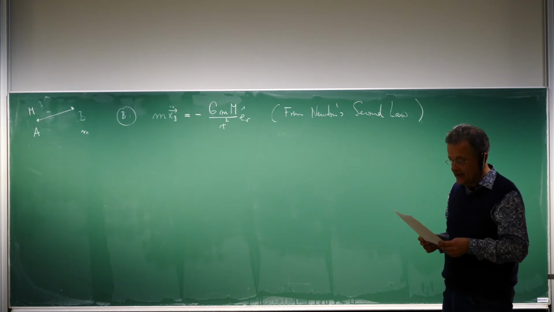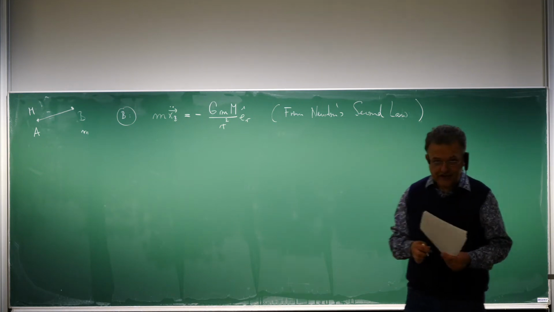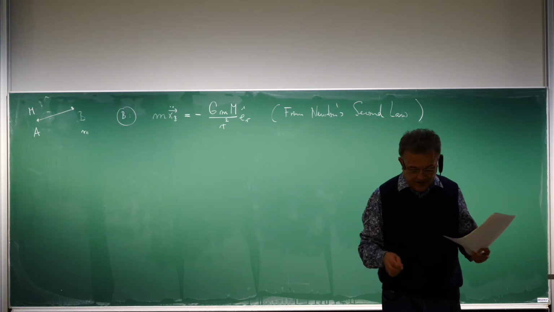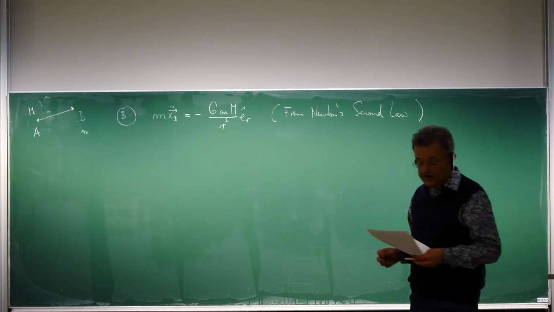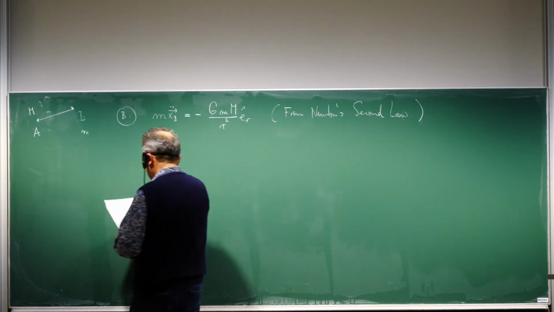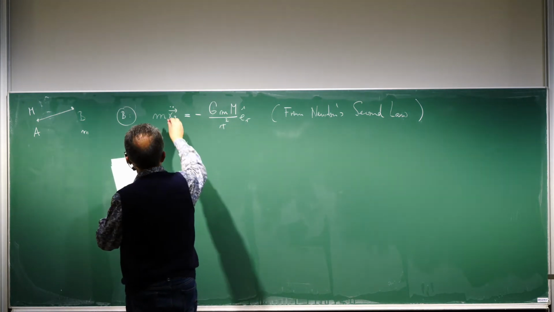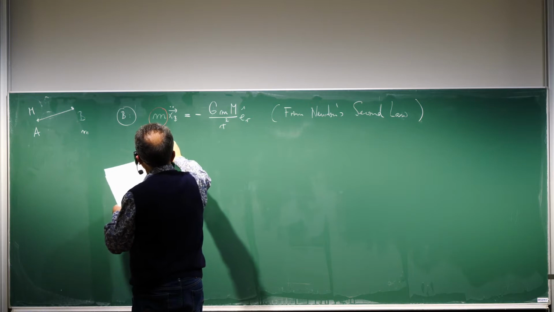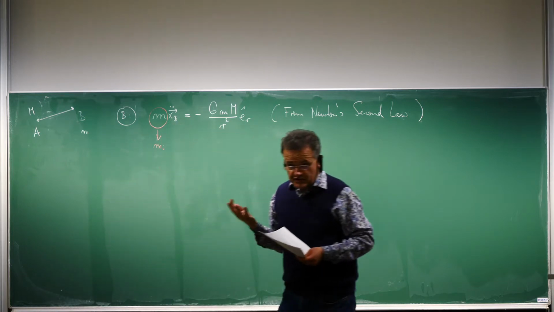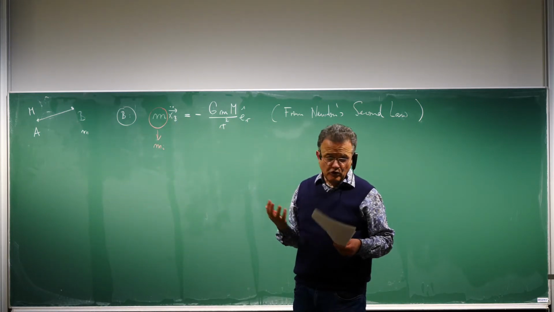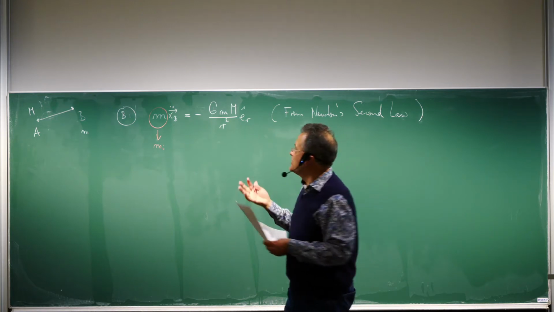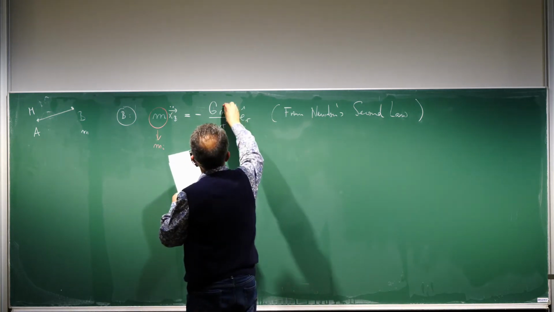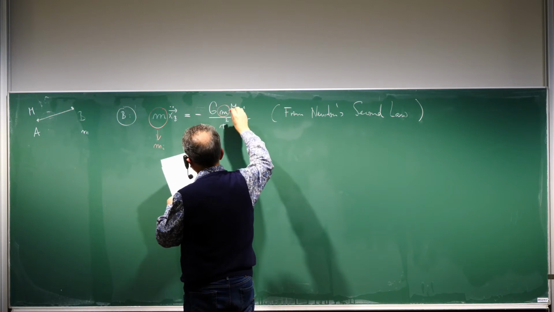Now actually this looks very innocent, but we have two different concepts of masses. We have here in principle what we call an inertial mass, mi. This is the mass that gives the resistance to acceleration and it has no gravitational origin per se, whereas this here comes from the gravitational law.